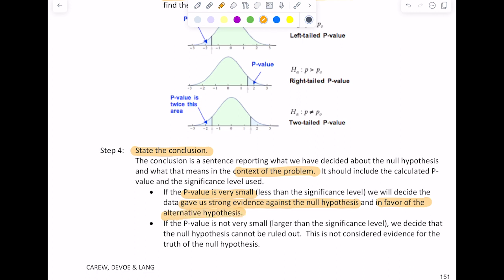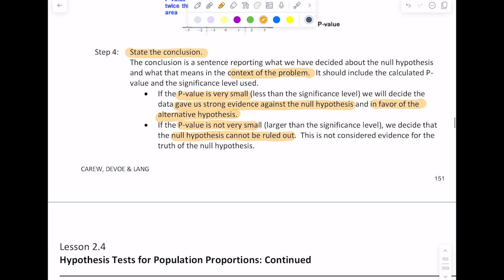If the p-value is larger than alpha, we decide that the null hypothesis can't be ruled out. So remember, we fail to reject, or we say we do not reject. This is not considered evidence for the truth of the null hypothesis. So that's important to remember.